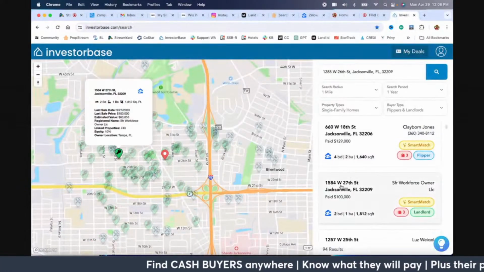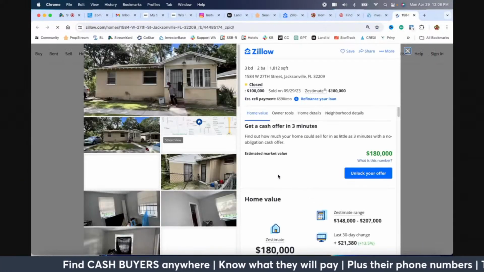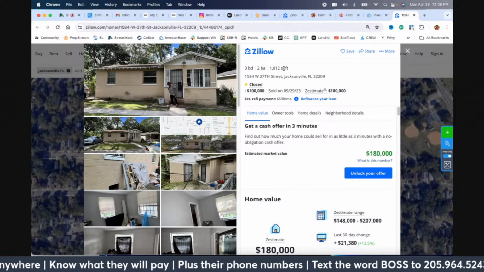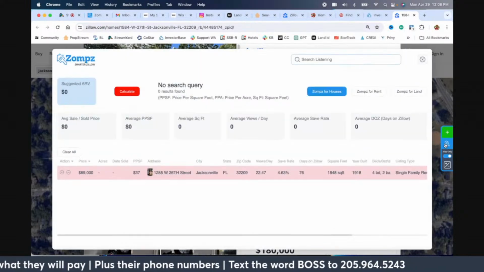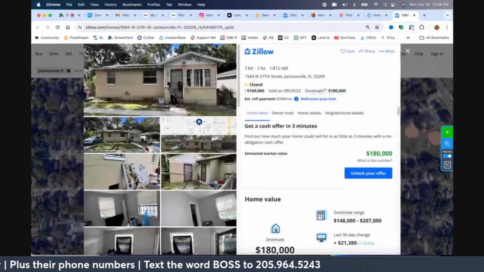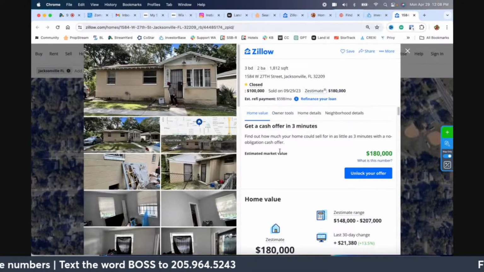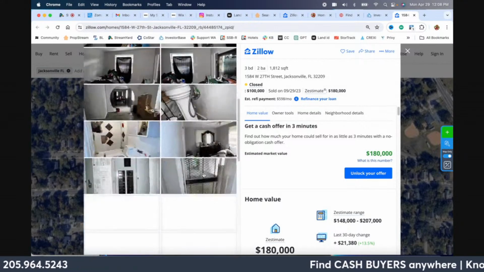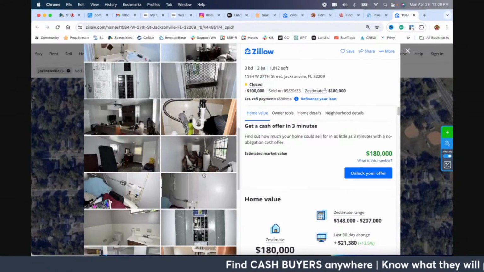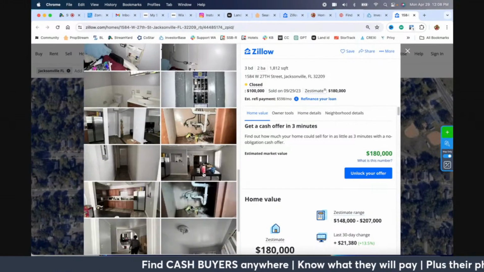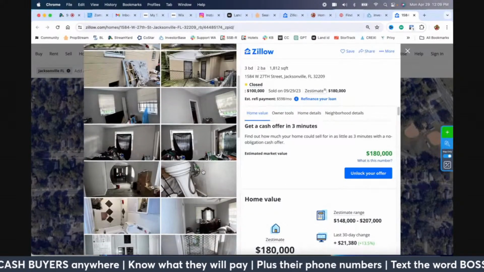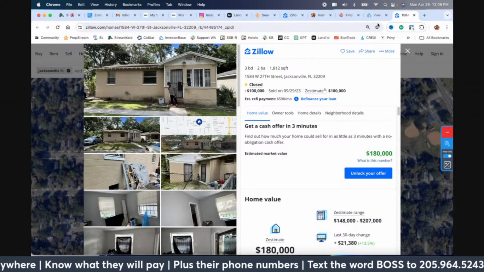How big was ours? 1,800. Okay, so this one is similar. They paid 100 for that one. It looks like some renovations had been done in there already. So we'll add it though.